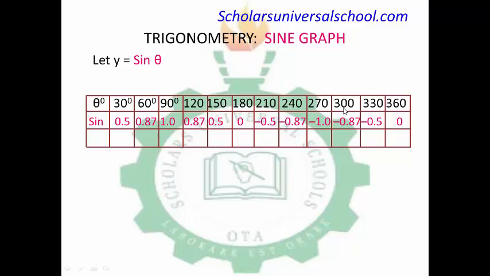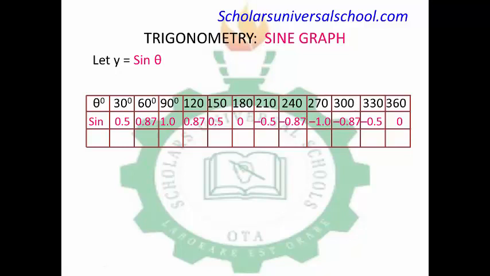Then when you get to 300, 330 and 360 degrees, all these values are in the fourth quadrant. So the sign of any value here in the fourth quadrant will always be negative. Sine 300 degrees is negative, sine 330 degrees is negative. In order to get sine 300 degrees, because it is now greater than 270 degrees, you have to subtract it from 360 degrees.